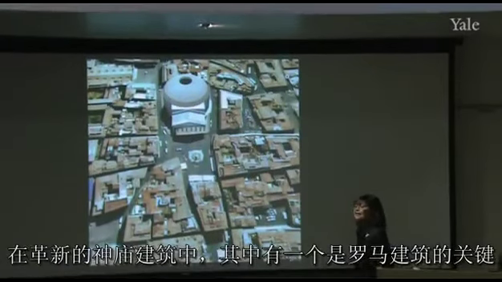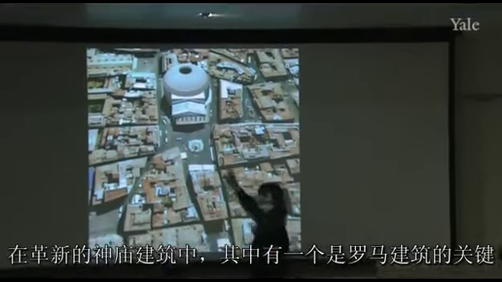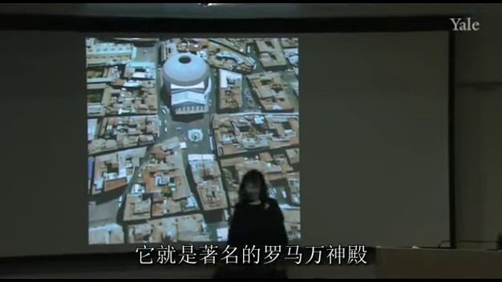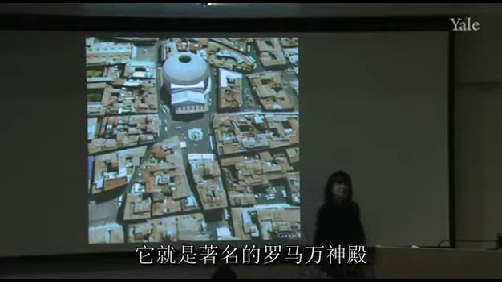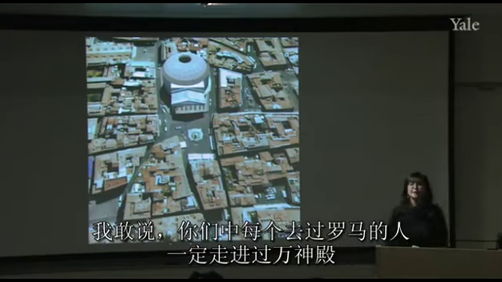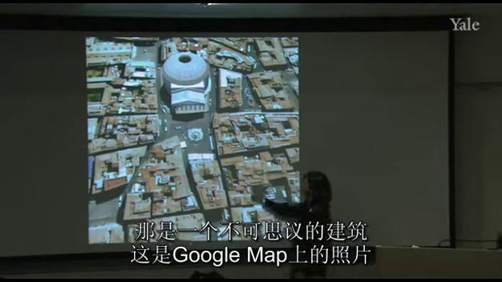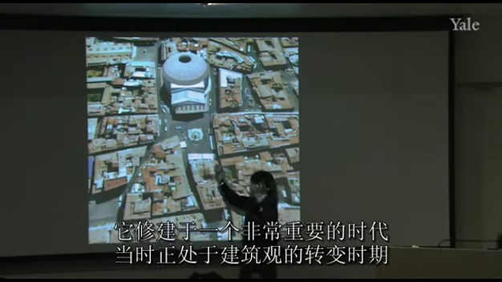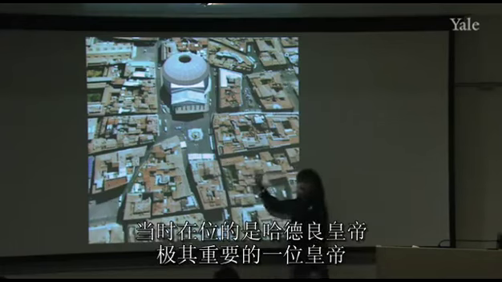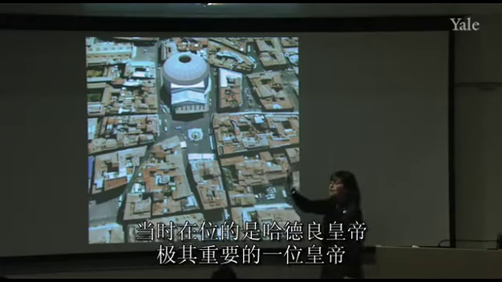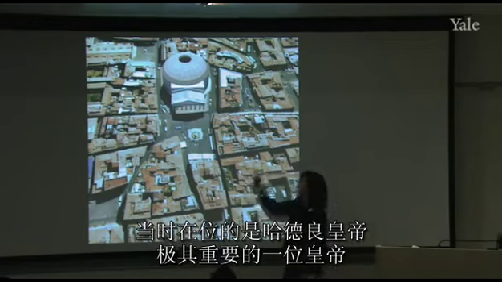And as innovative as it gets is one of the key buildings of Roman architecture, which is, of course, the famous Pantheon in Rome. I'm sure there's none of you who's been in Rome who hasn't been inside. The Pantheon is an incredible building. This is a Google map. The building was put up during the reign of the very important, from the architectural standpoint and many other standpoints, Emperor Hadrian.